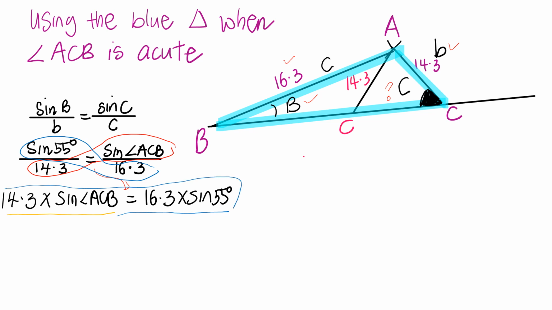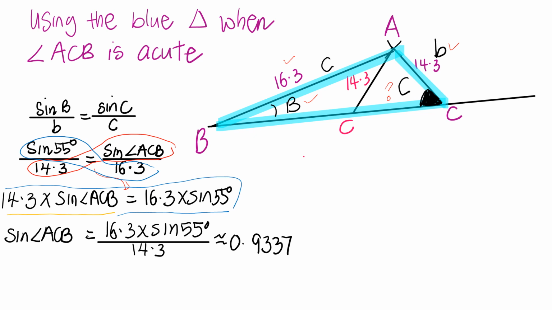All right, the next step is we're going to divide everything by 14.3, because I need to find sine angle ACB, the subject of the equation, right? You can just use a calculator to work this out, which comes out to be 0.9337.